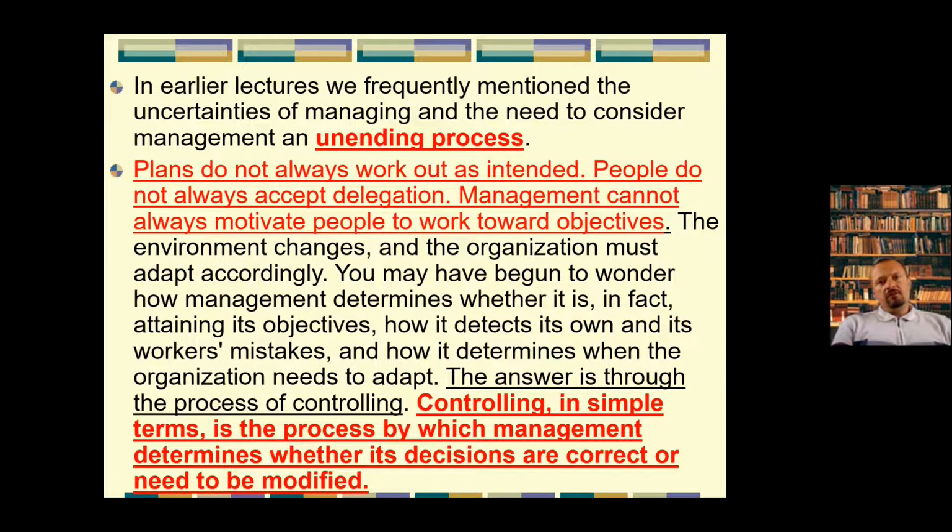It is the result of the organizing function. Then we have to provide an appropriate reward for everybody. It is a result of the motivating function, and only then we have to check whether we have attained all the objectives or not. It is the controlling function.